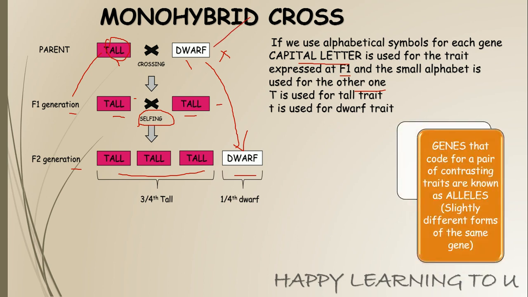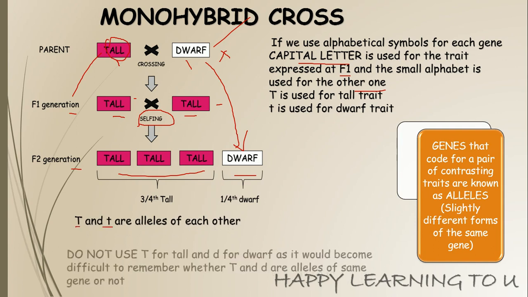Now, as you know, genes that code for a pair of contrasting traits are known as alleles. Basically, alleles are slightly different forms of the same gene. So if you consider the definition, then this capital T and the small t are alleles of each other.